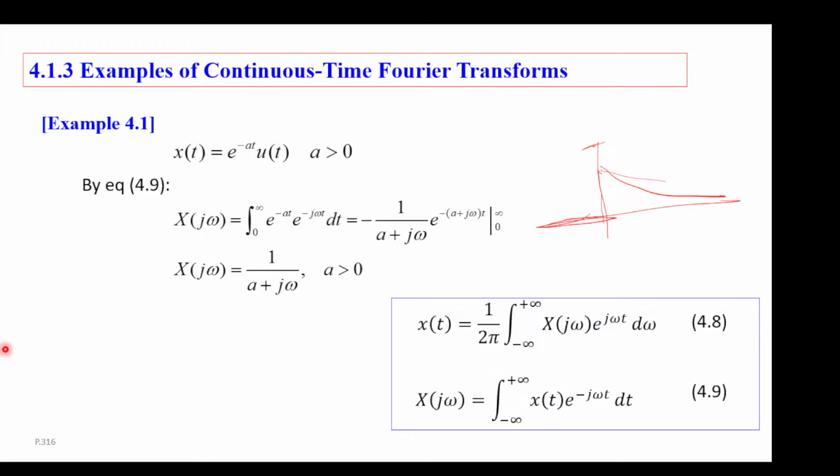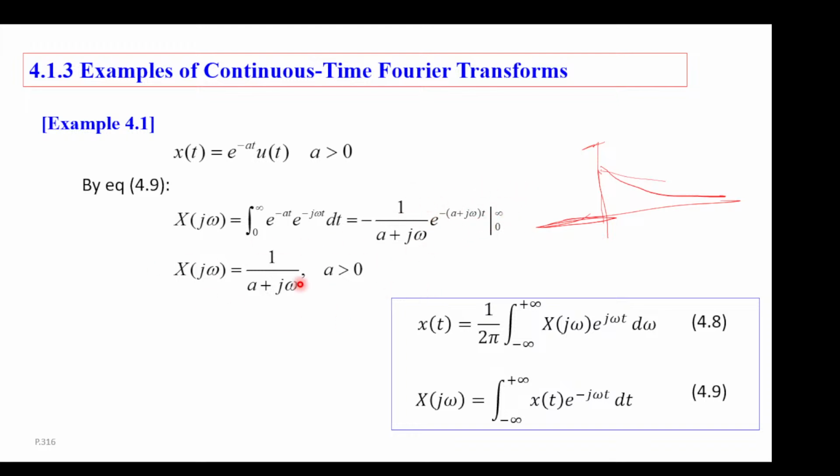Because of this minus a here, at infinity this is 0, and at 0 it is 1, and so you get 1 over a plus j omega. And this only happens when a is bigger than 0, because you need a bigger than 0 for the value at infinity to be 0.